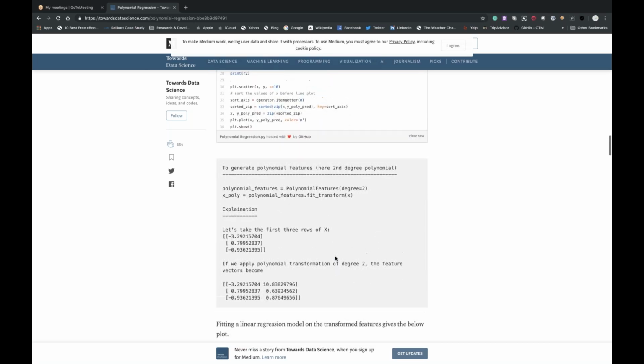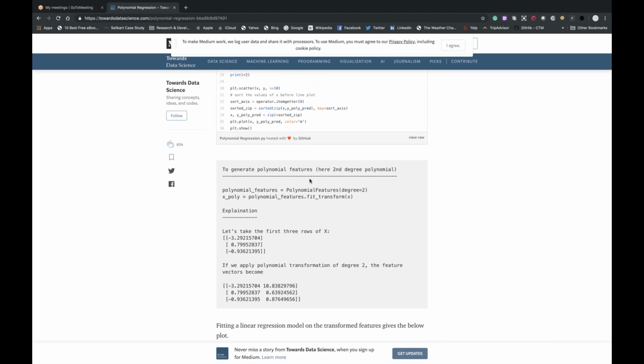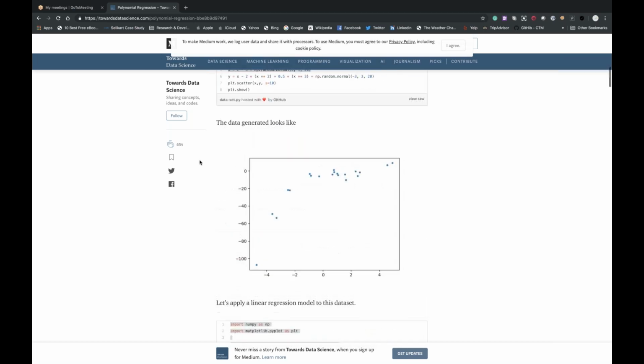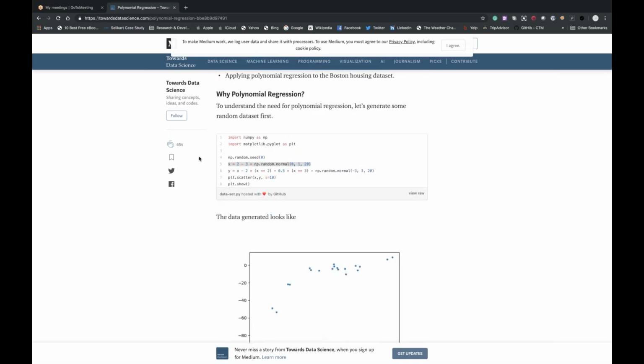Okay. Now, this is how you can actually do second degree polynomial regression, third degree polynomial regression, 10th degree polynomial regression, which I'm going to talk about later. The reason why I brought you here is if you have any doubt how the model works, just spend an extra minute on the syntax of it.